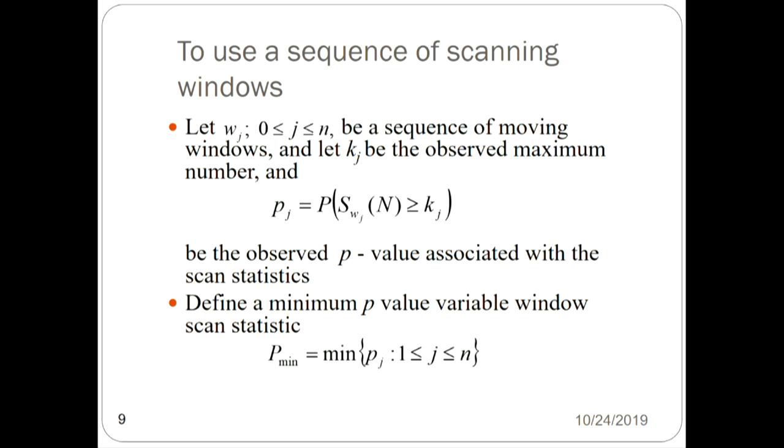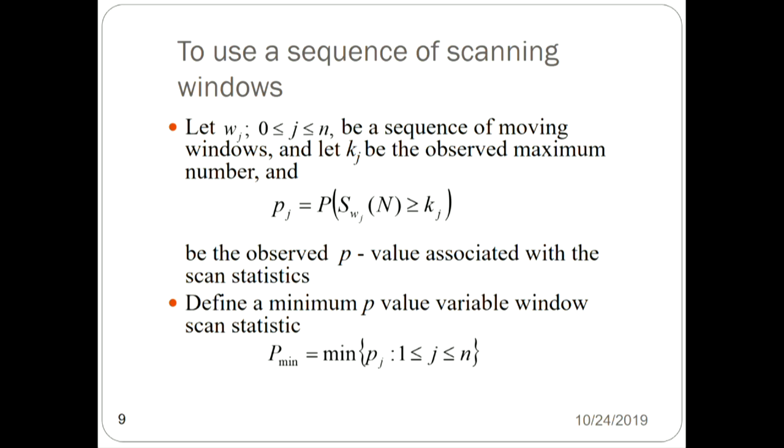So in that case, the significance level should be evaluated based on simulation. Under the null hypothesis with n observations, we randomly assign those n numbers across the entire interval from 0 to t, scan the sequence of windows, calculate the p-values for each moving window, and then calculate the p-min test statistic.